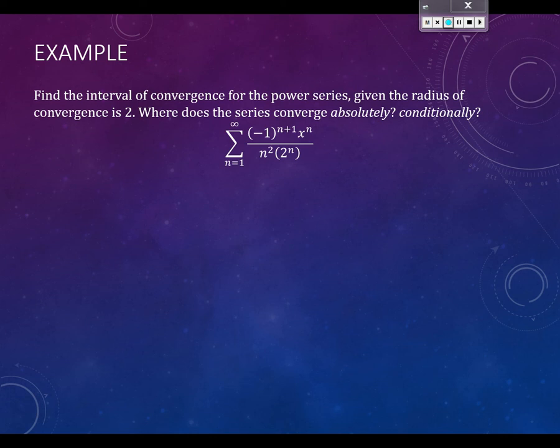For the ratio test, the column says absolute value of x minus 2 less than the radius. How would you do that? When you do the ratio test, at the end you'll get the absolute value of x is less than 2. So that tells us the radius of convergence is 2. And then any x value on the open interval -2 to 2 converges.